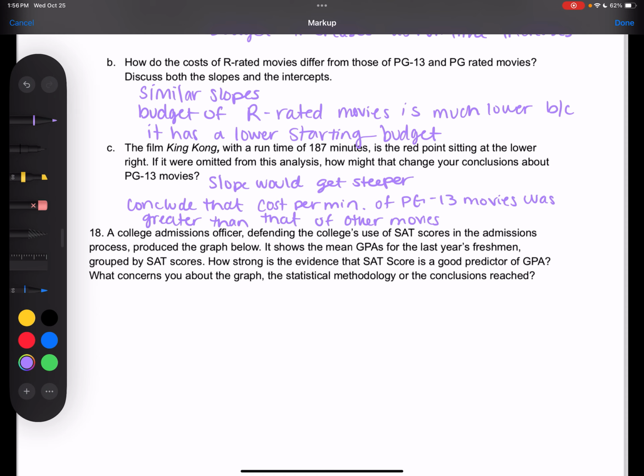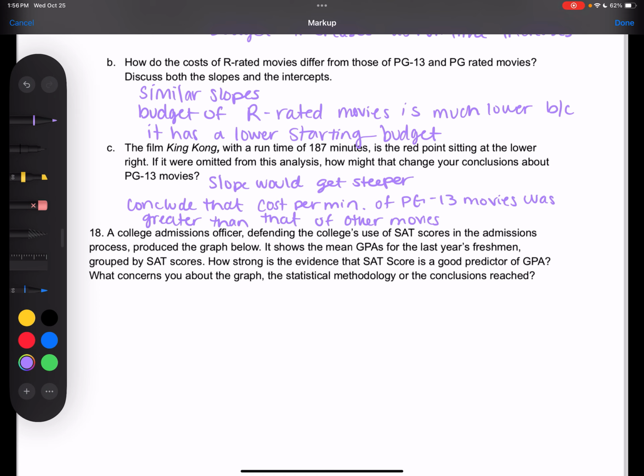And how many freshmen do you think probably attended? A lot more than 7, right? So I would say that this admissions officer picked a few people that met what he was trying to prove and used that data only. And we can't do that.